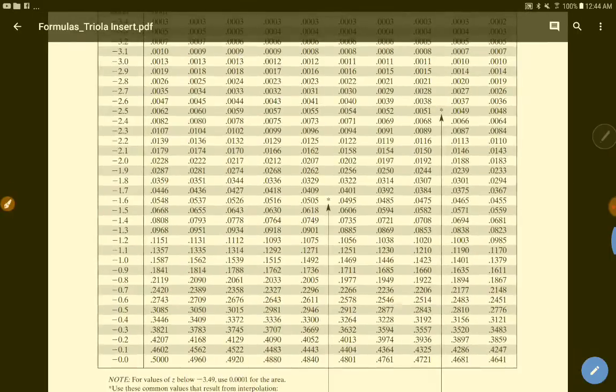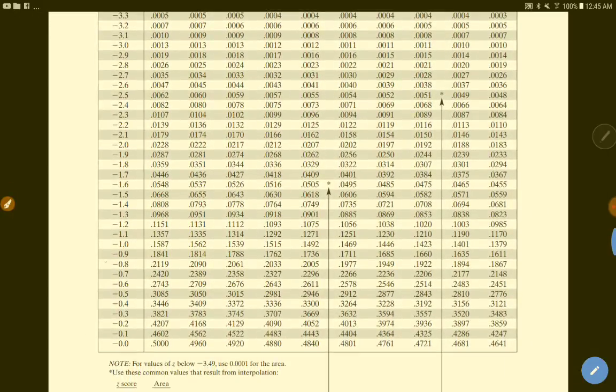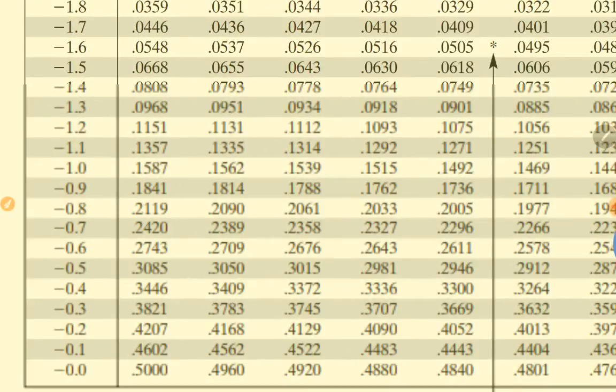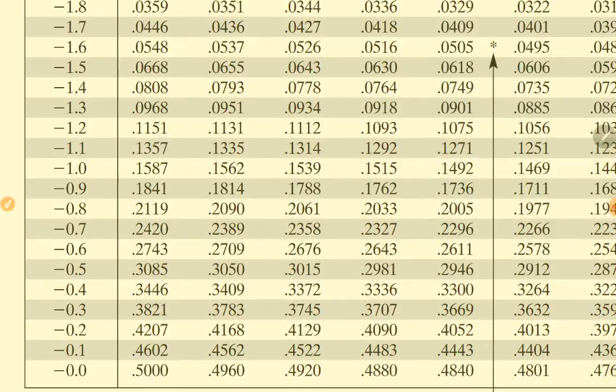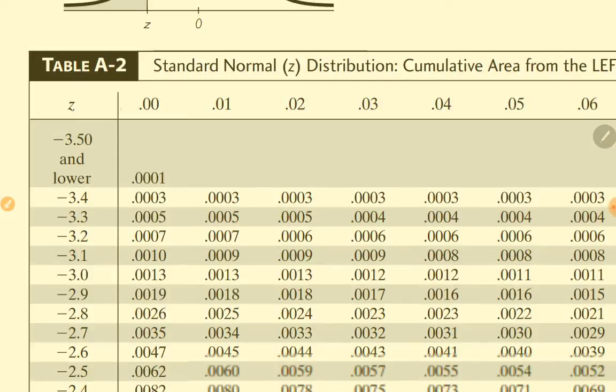And we're going to look at negative 0.80. So here you see negative 0.8 right here on the left. Hope you can see my little cursor there. And I'm going to stay in the first column because my last digit is a 0, and you can see up at the top here, this column is for z-scores that have the last digit 0.